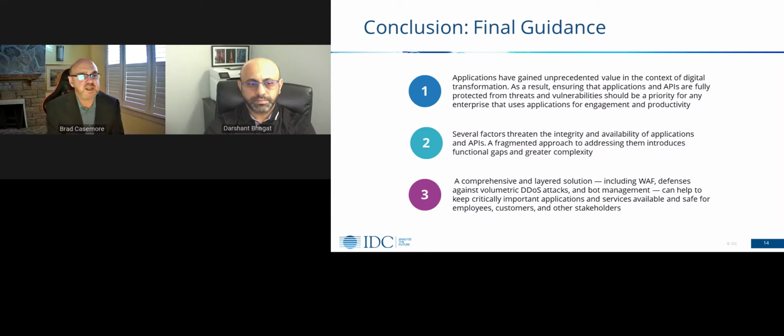And then number three, a comprehensive and layered solution, which should include WAF, defenses against volumetric DDoS attacks, and bot management, can help to keep critically important applications and services available and safe for your employees, for your customers, and for other stakeholders across this distributed multi-cloud environment.